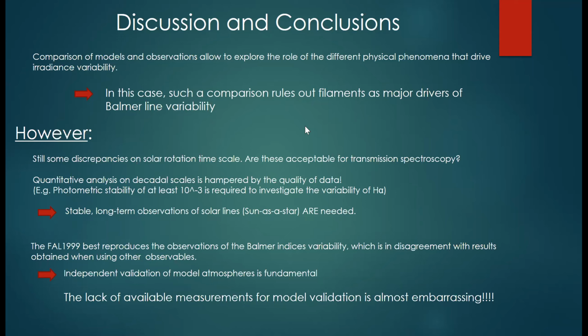The reason is that in the last 40 years, most solar observations have focused on analyzing very small spectral ranges, which are not ideal for this type of validation. So I thank you for your attention, and I'll accept questions.